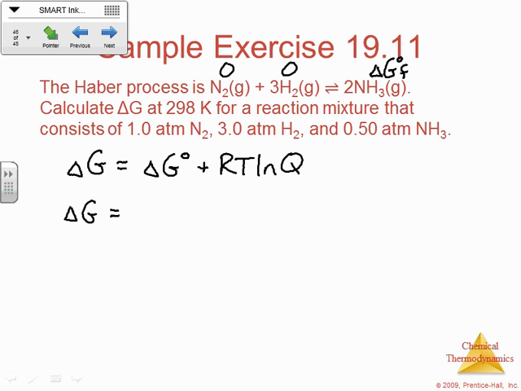It's going to be negative 33.3 kilojoules per mole. Is that right? I want to make sure that, because I don't see anywhere here where they multiplied by 2, so I want to make sure that.